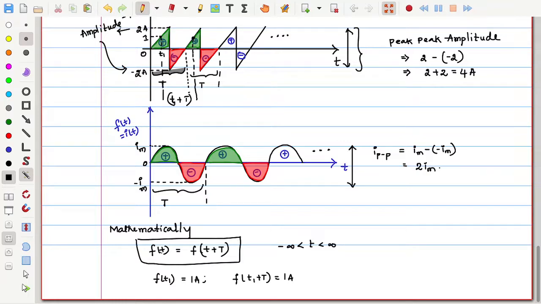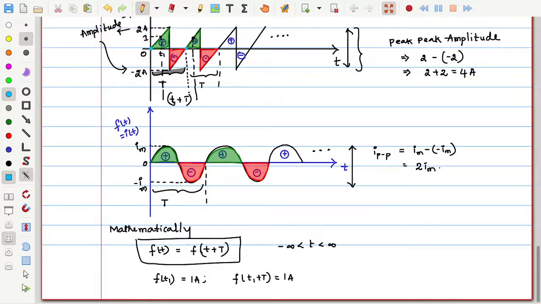If you want, you can see it in a simple manner this way. See here, at 0 how much is the amplitude? 0. Then after T interval how much is the amplitude? 0. That is f of t at 0 and then at t plus capital T also 0.